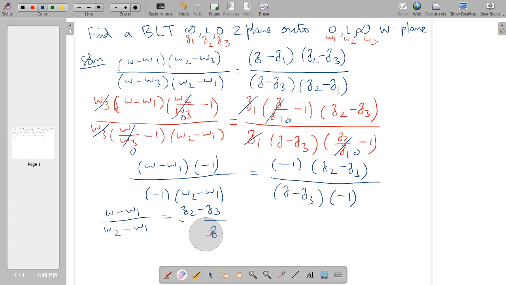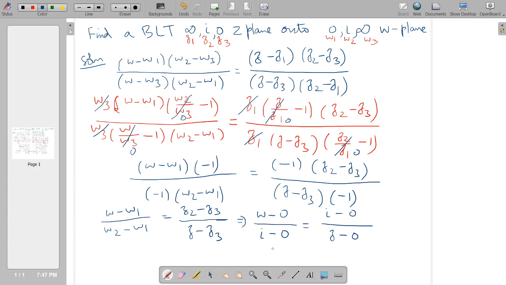This will give you W minus 0 by W2, which is I minus 0, equals Z2 minus Z3 by Z minus Z3, where Z2 is I and Z3 is 0, by Z minus 0.